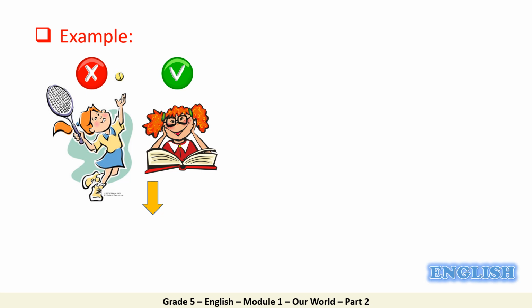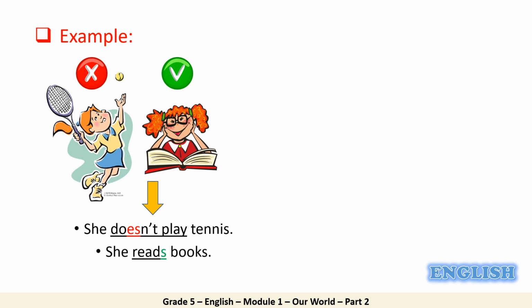Okay. Are we going to use don't or doesn't? Good. We will use doesn't. She doesn't. Okay. Now let's take a look at the picture to put the sentence together. She doesn't play tennis. She reads books.